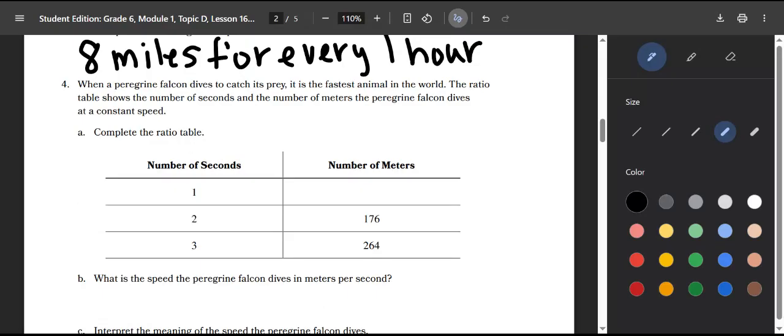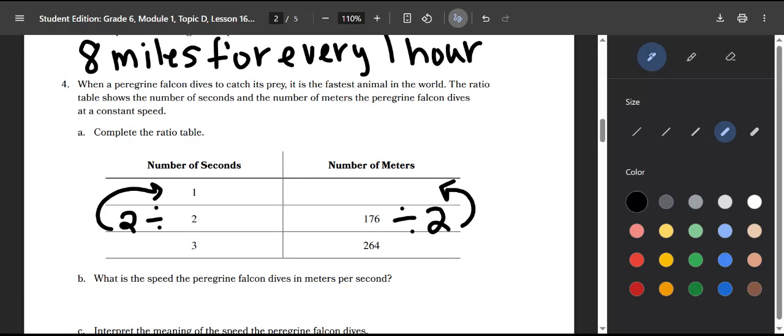So if I'm looking at this table, I got to fill out this spot that's across from 1. Well, look at underneath there. You can see 2 is half of 1. So all I have to do is half 176 to get this spot, because all we did here was divide by 2 to get 1. 2 divided by 2 to get 1.